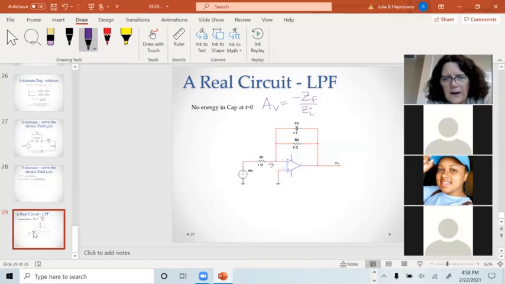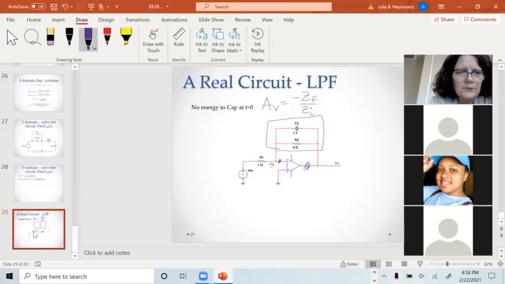Okay, so we have to figure out the feedback impedance. The feedback impedance is the impedance I see between the output and the negative terminal. So it's those two in parallel right there. So my ZF is ZC in parallel with ZR2, which is 1 over SC times R2.